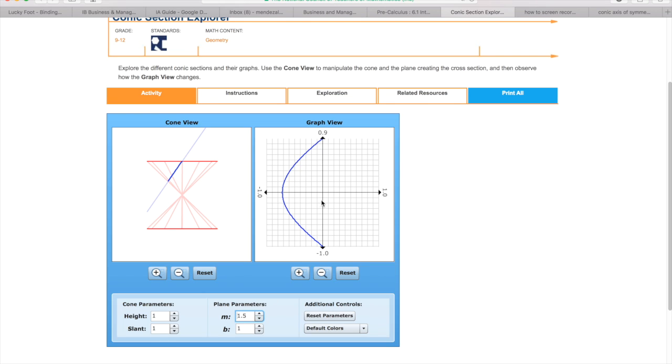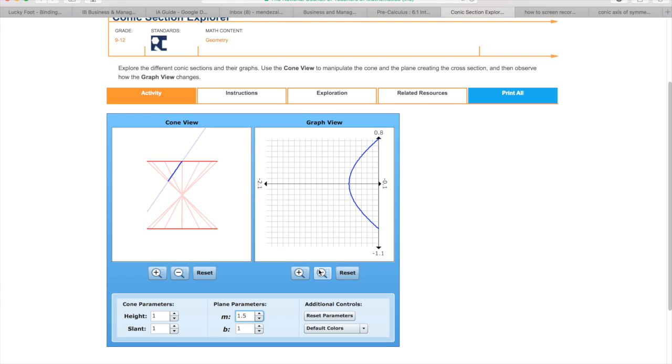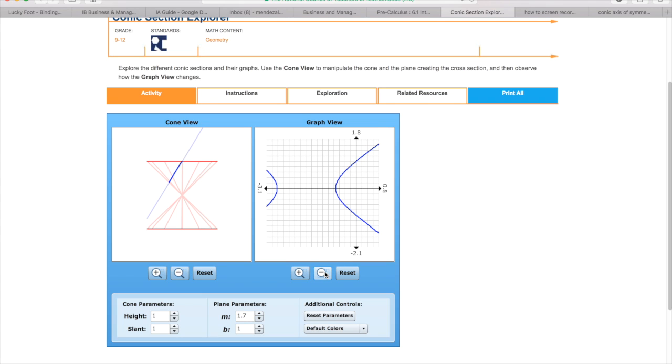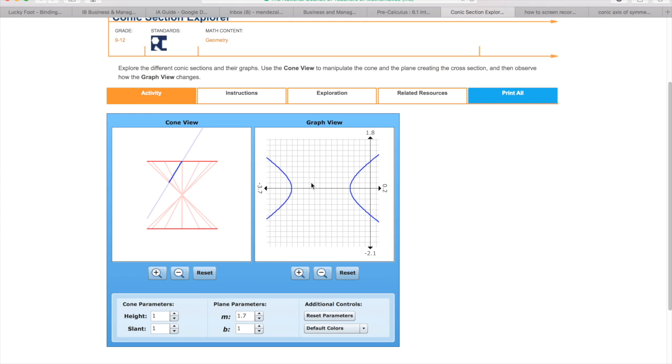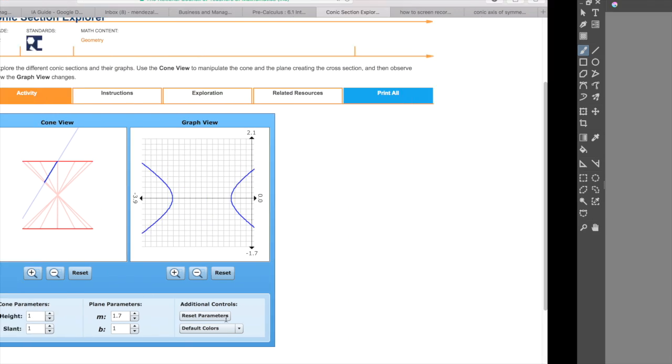Let's see what's going on. Well, there's nothing I can see. Or maybe I'm not zoomed out enough. Oh, look at this. We have a hyperbola.